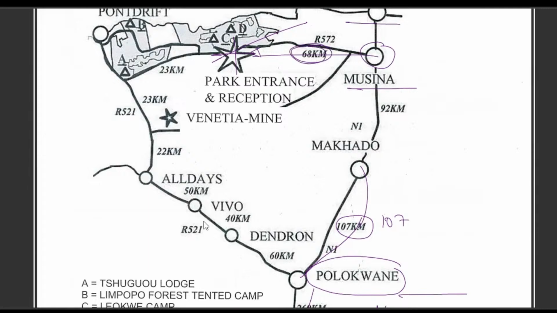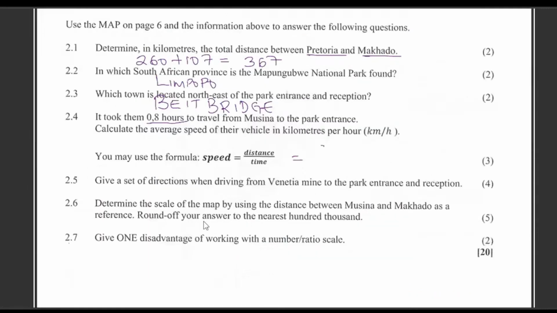So we shall say 68 divided by 0.8. Remember, it's already in hours, it's fine. So we have the answer as 85 kilometers per hour.